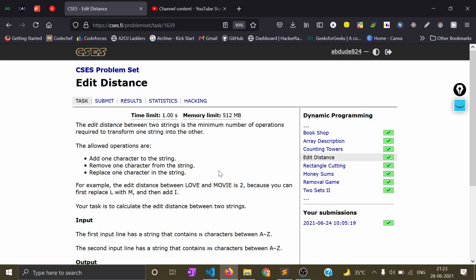You have been given two strings, and these are the operations you can do. You can either add one character to the string, remove a character from the string, or replace any character in the string.